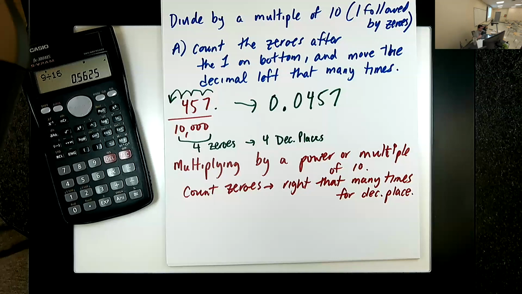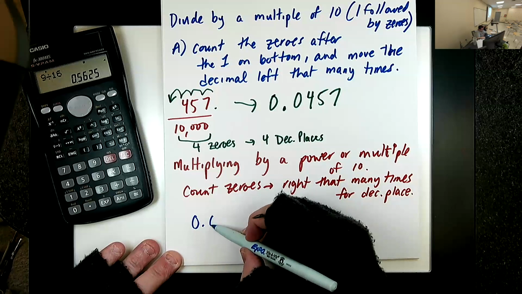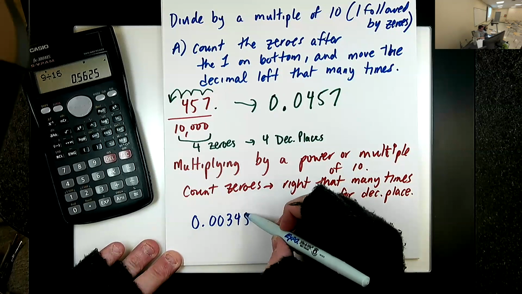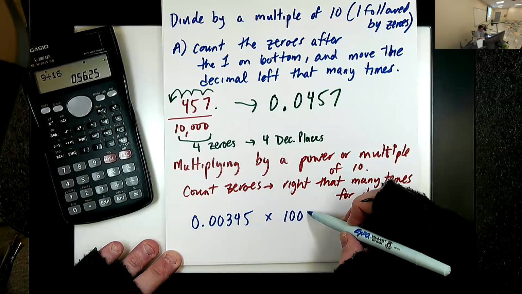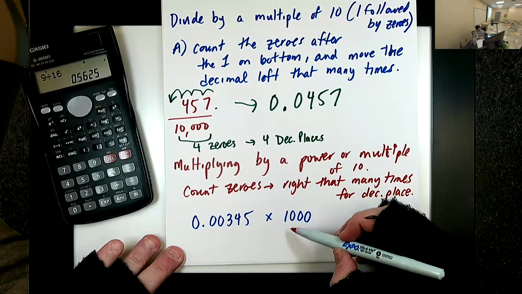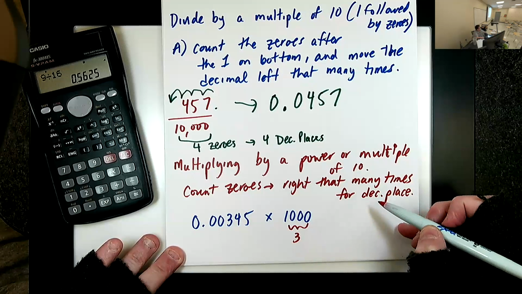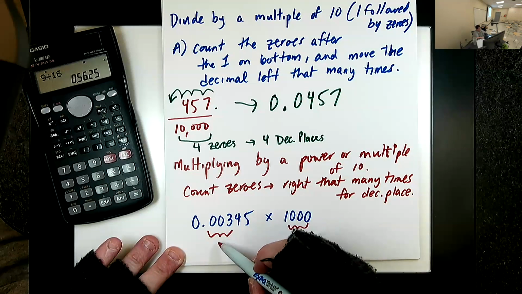So let's say I had 0.00345 and I multiply it by 1,000. I have 3 zeros right here. So I'm going to move the decimal place 3 times.